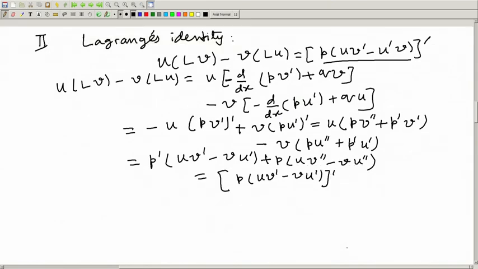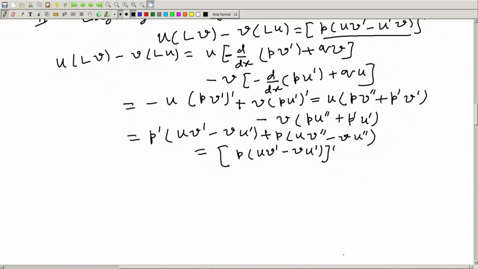So these are the two important characteristics of this Sturm-Liouville problem.